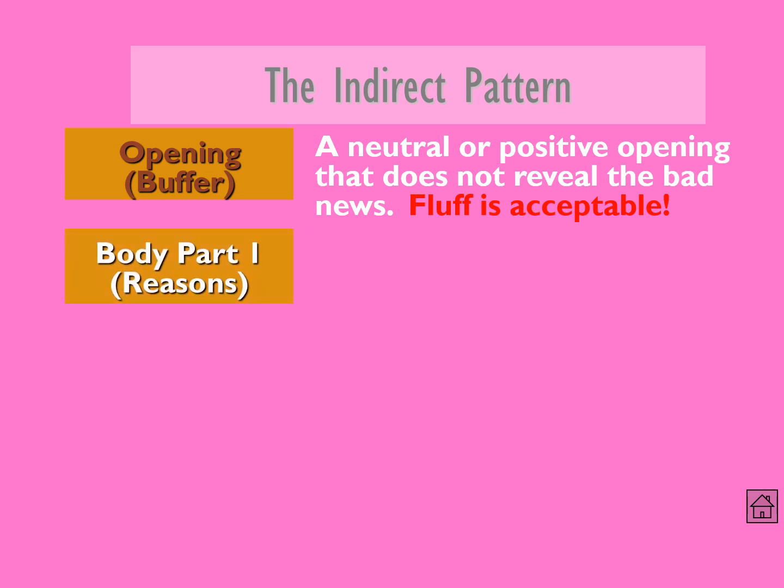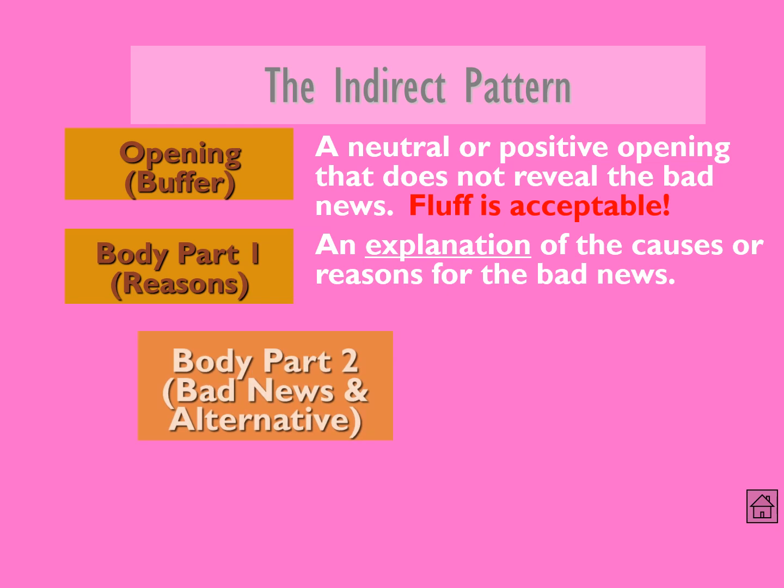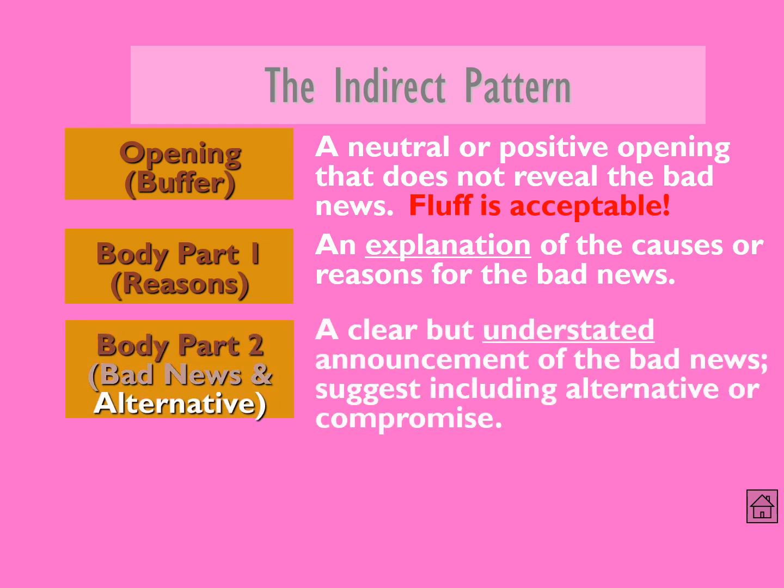Next, the body is going to really have two parts. The first part is the reason for the bad news, an explanation of the causes or the reasons for the bad news without mentioning the bad news. Okay? Again, we will talk about this further. The second body part is the bad news and alternatives.